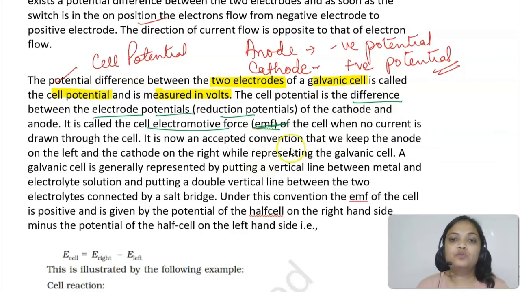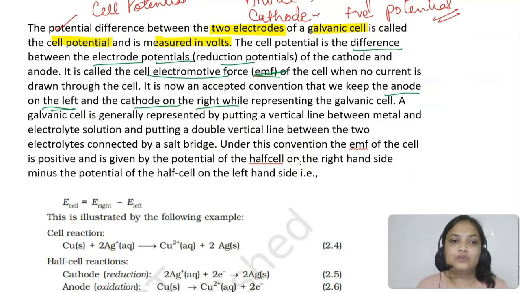Now by convention in an electrochemical cell, whenever we have to represent the cell, there is a kind of representation that we will discuss. In that representation, the anode is kept on the left and the cathode is kept on the right while representing the galvanic cell. What this vertical line means and all of that, I will tell you.